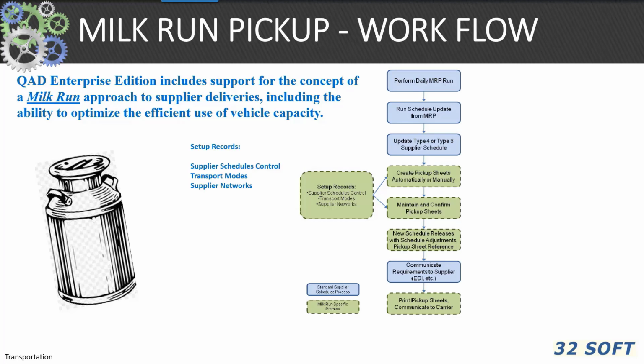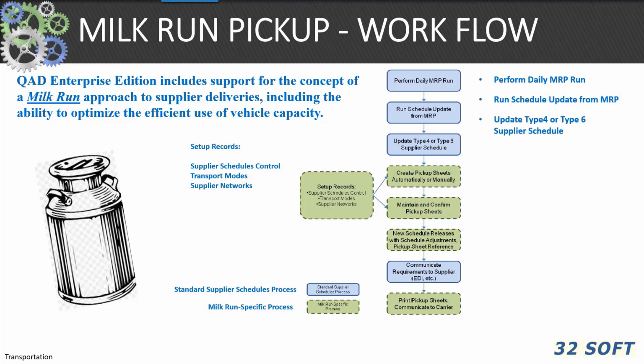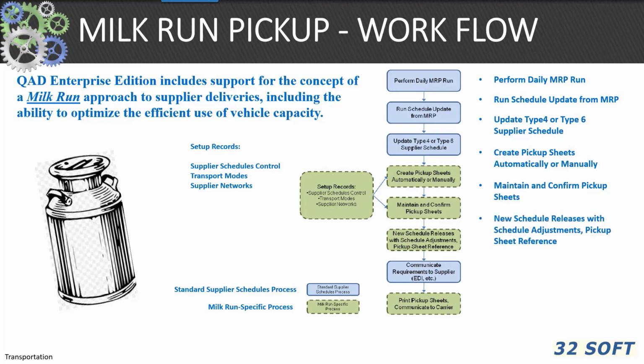You first set up the supplier schedules, your transfer nodes, your network, then you run your standard supplier schedule process, and then you run the milk run specific process, which basically is you run an MRP run, you run the schedule update from MRP, you update type 4 and 6 supplier schedules, you create pick lists, you maintain and confirm the pick list, you adjust as required, communicate your requirements to suppliers, EDI, whatever, and then you print the pick list and communicate that to your carriers.